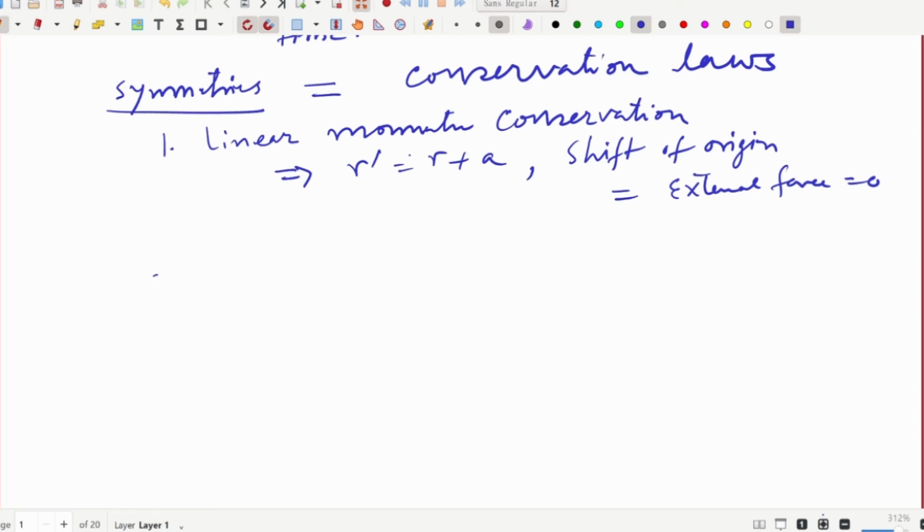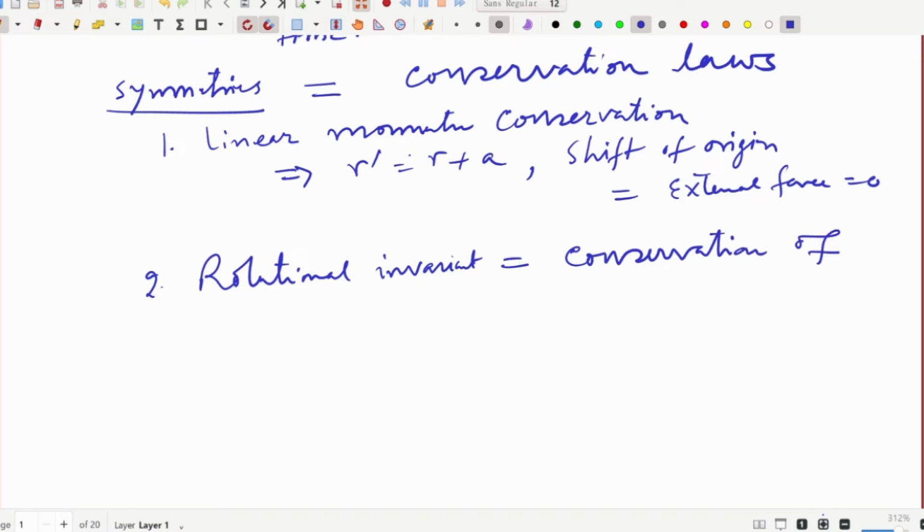Similarly, if you have rotational invariance, it implies conservation of angular momentum, and the consequence of it is that the torque acting on this will be 0. So this will help you to find the solution of the classical equation.